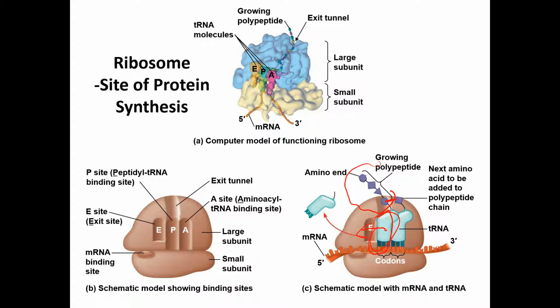The growing polypeptide chain will be attached to this tRNA molecule. It'll shift over to the P site here, and the A site will become vacant for the next tRNA molecule to bind.